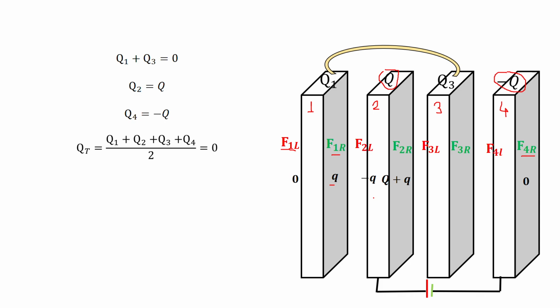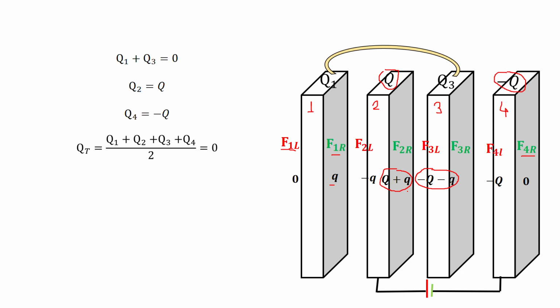And by Gauss law, the charge appearing on F3L will be minus times of this, capital Q plus small q, which is minus capital Q minus small q. So this is the charge which is appearing on the third plate, that is on F3L.